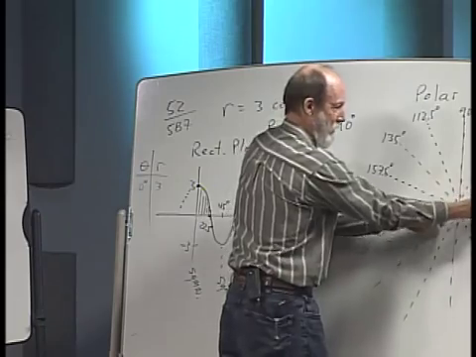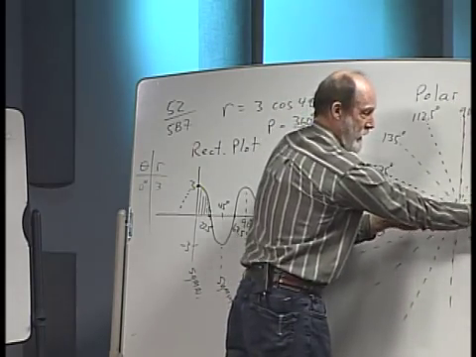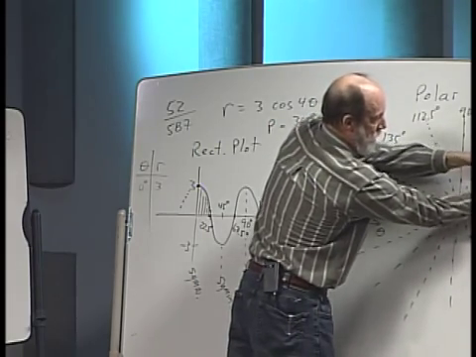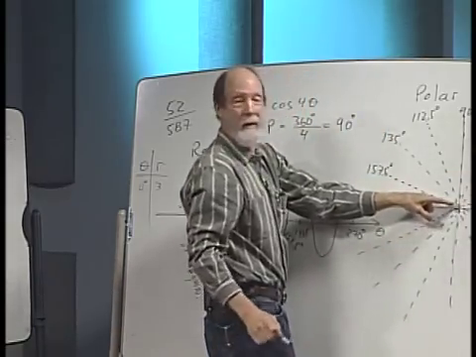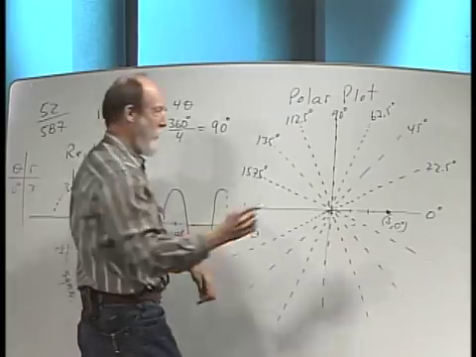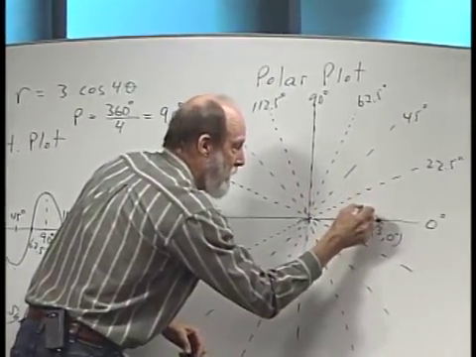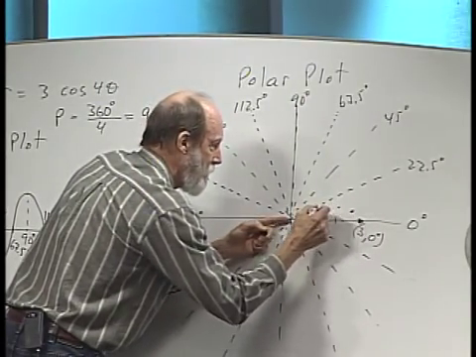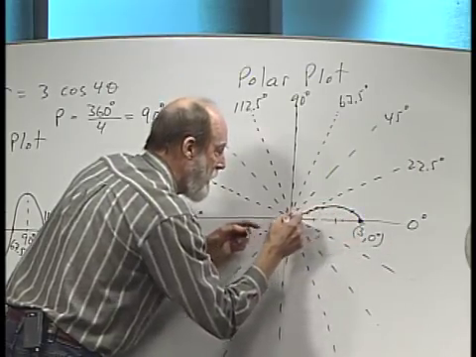Here's my arm, which is going to sweep with the angles, and my bracelet's out here at 3. As I move towards 22.5 degrees, the bracelet slips up my arm back to the pole. So as I let the angle sweep towards 22.5 degrees, the distance from the pole keeps getting shorter and shorter.